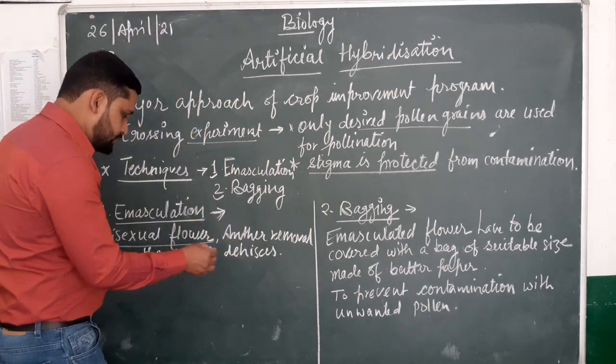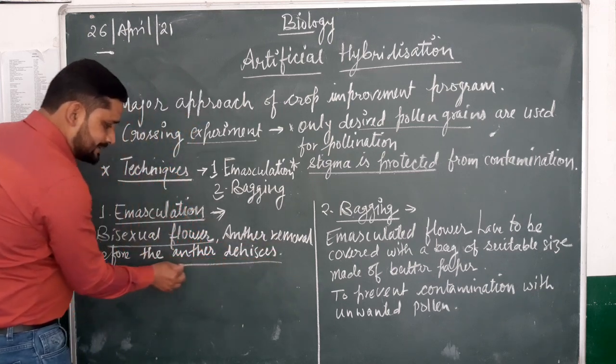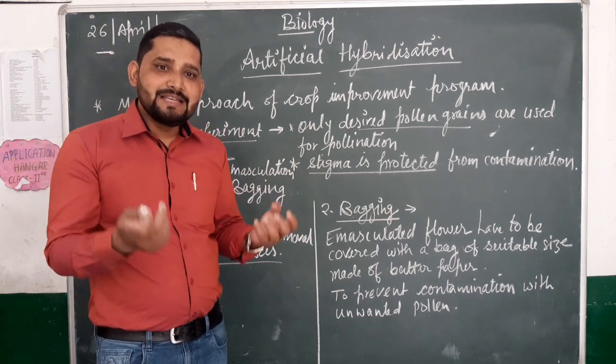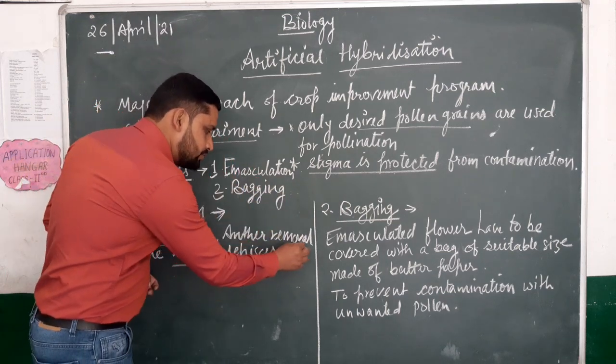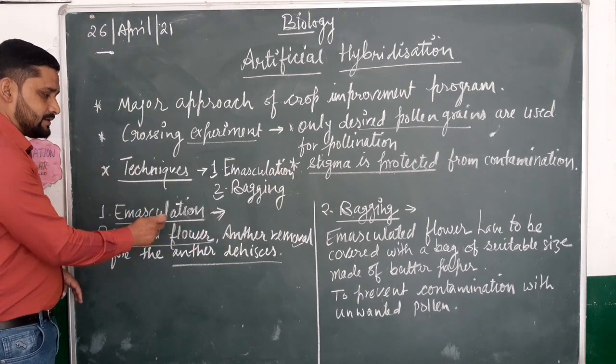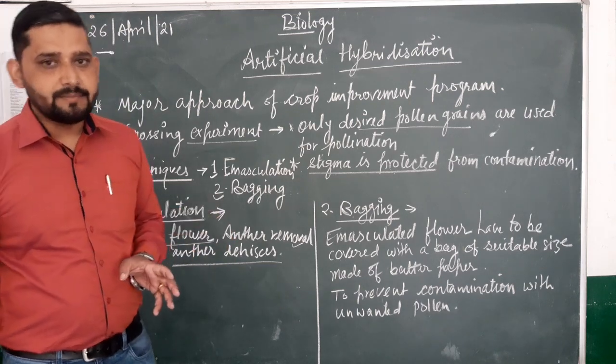So what has to be done: before the anther dehisces, that is, before the anther bursts and the pollen grains are released, we have to remove the anther, and this process of removal of anther is known as emasculation.